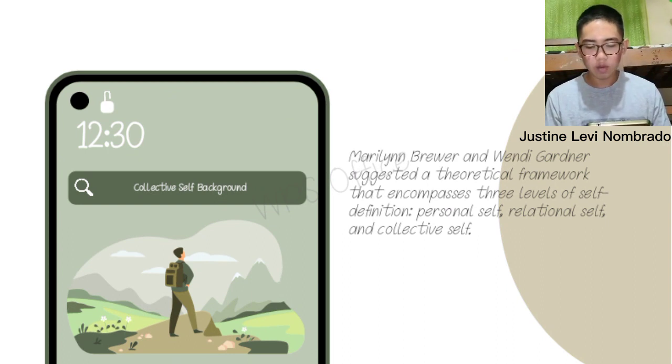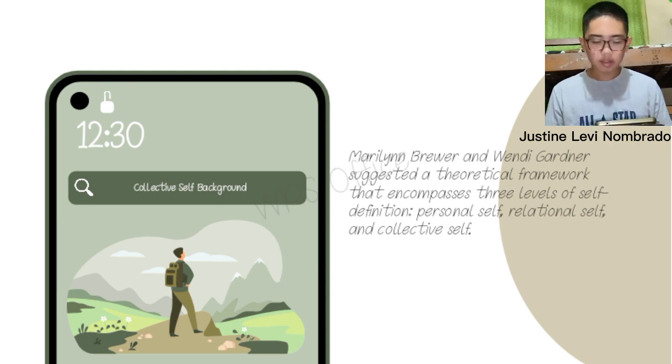Marilyn Brewer and Wendy Gardner suggested a theoretical framework that encompasses three levels of self-definition: personal self, relational self, and collective self. In psychology, sense of self is what we use to describe a person's inner and outer self. The sense of self-definition refers to a person's view of the world and their role within it.